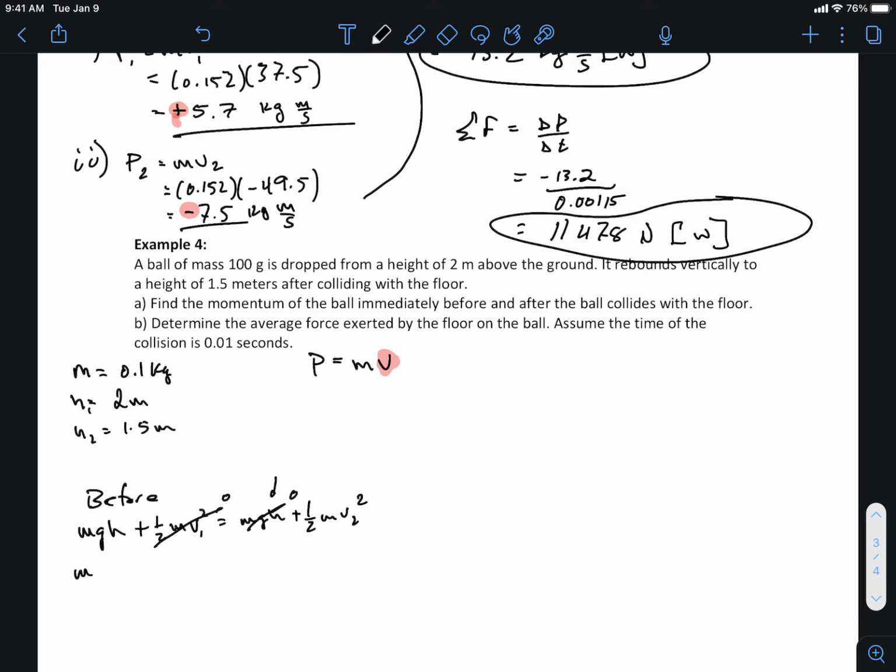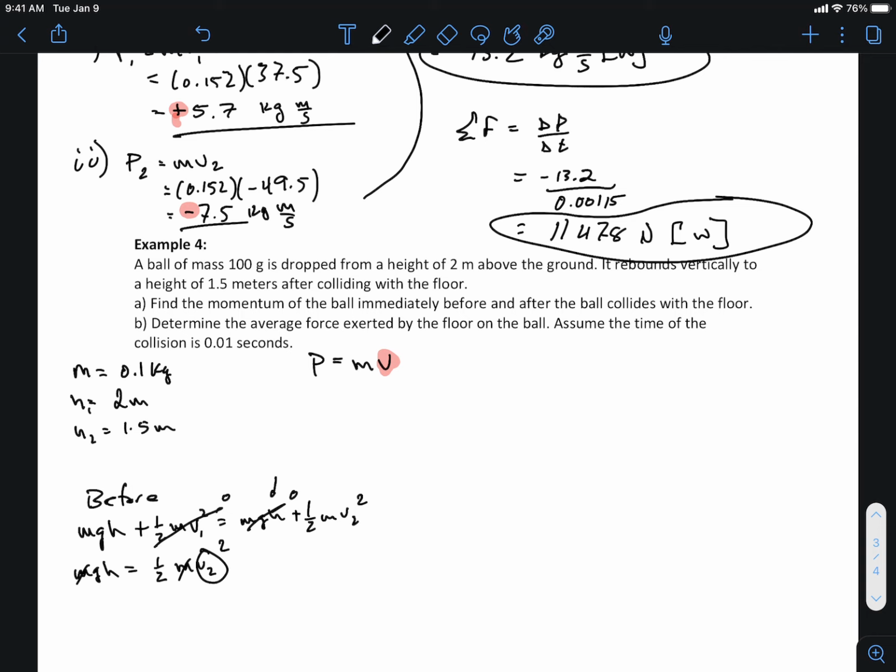Well, mgh, we're assuming that under the circumstances here, all of this potential energy has been converted into kinetic. Okay? And we know that the mass of the ball didn't change, so the masses can cancel. And so all you need to solve for is the velocity as it's about to hit the ground, and we can find what the momentum was before it hit the ground, right?